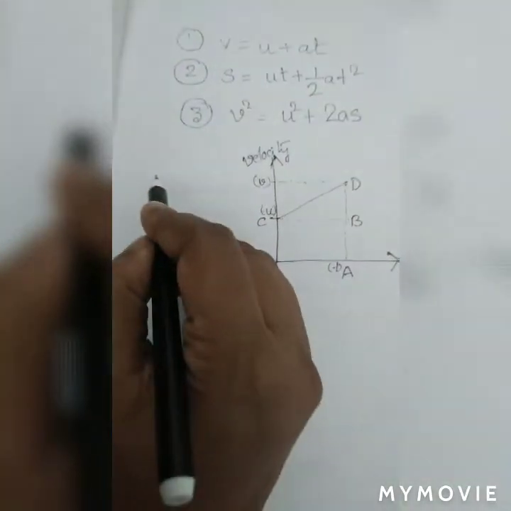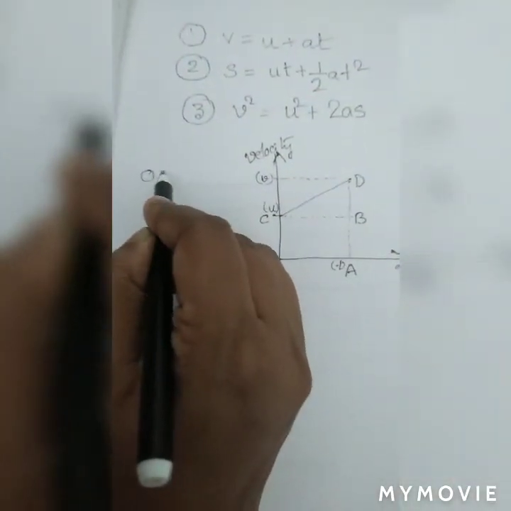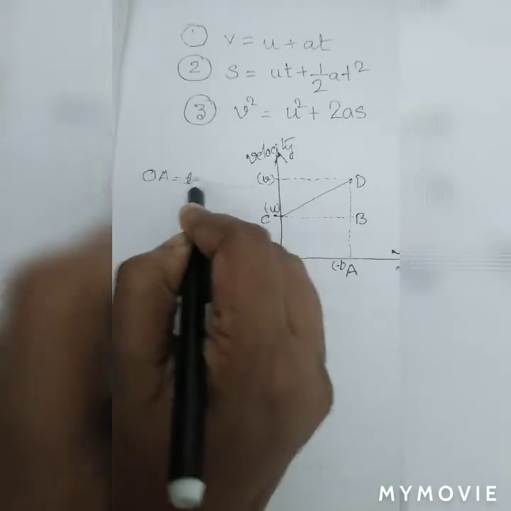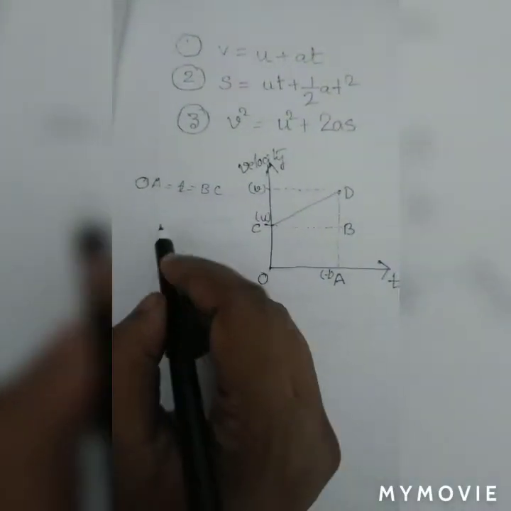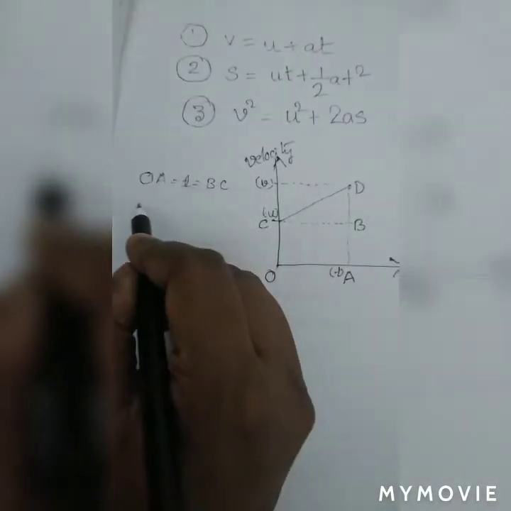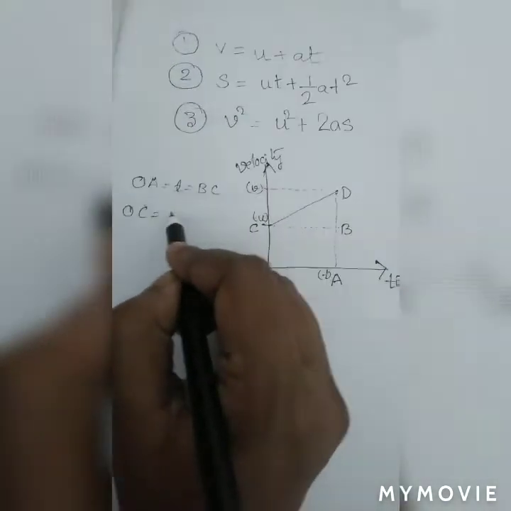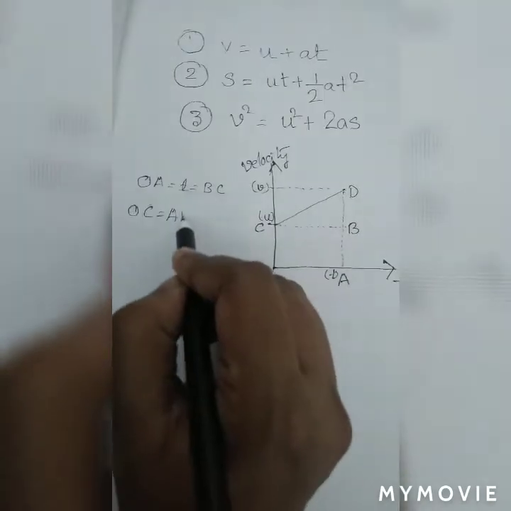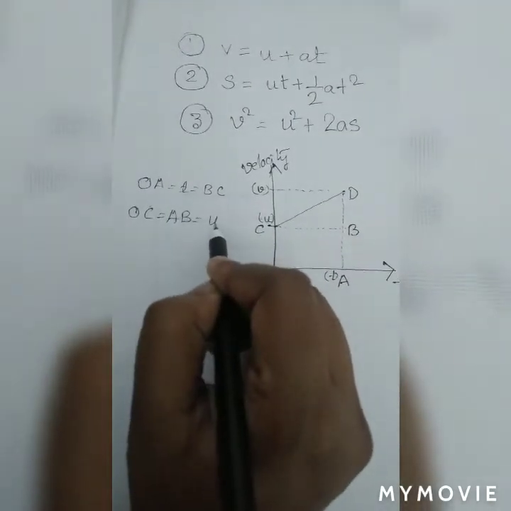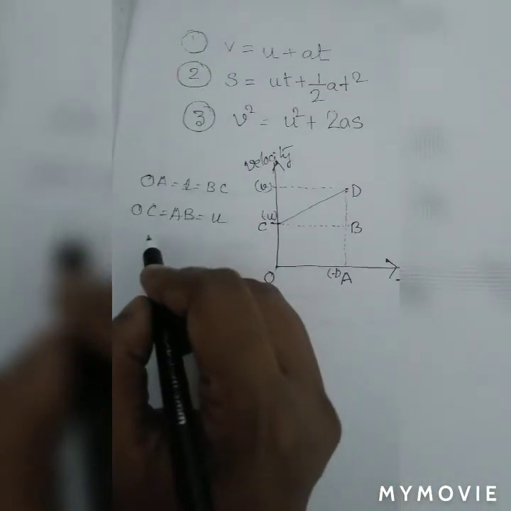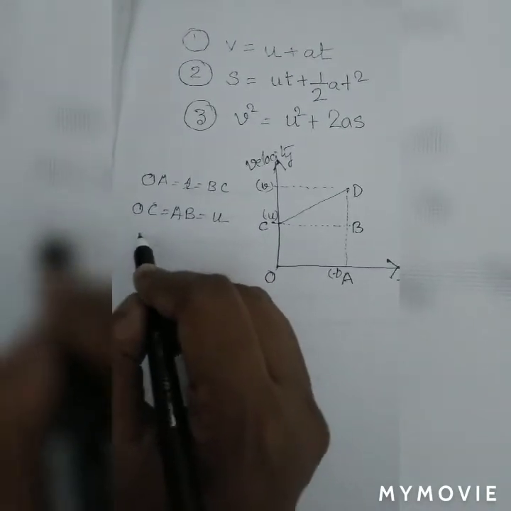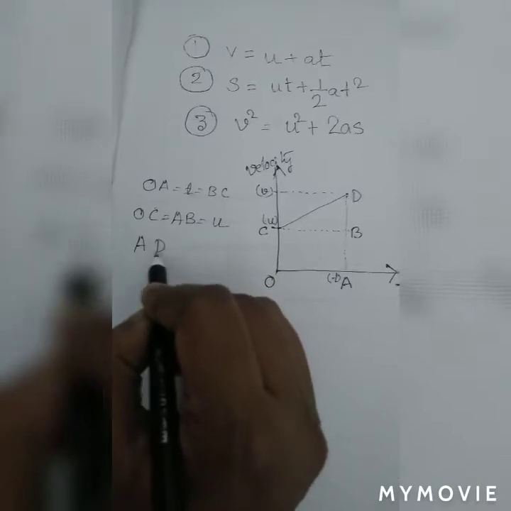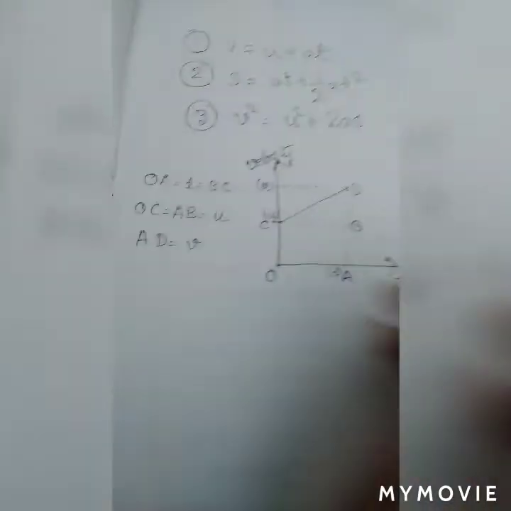We get OA is equal to T, which is equal to BC. Next, we also get OC is equal to AB, that is equal to U, the initial velocity. Next, we have AD as the final velocity V.